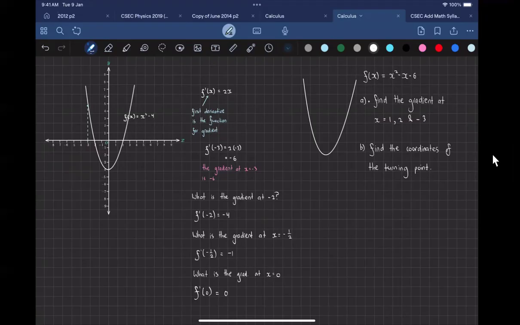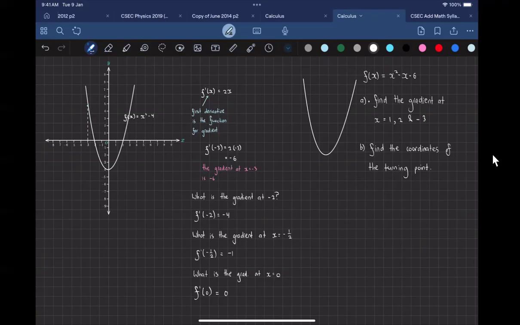What did you get as the first derivative? For the first part, when x is equal to 1, I get 1. Wait. You had to find the first derivative first. What did you get for the first derivative? Oh, 2x minus 1. Cool. So you get 1, 3, and minus 7.